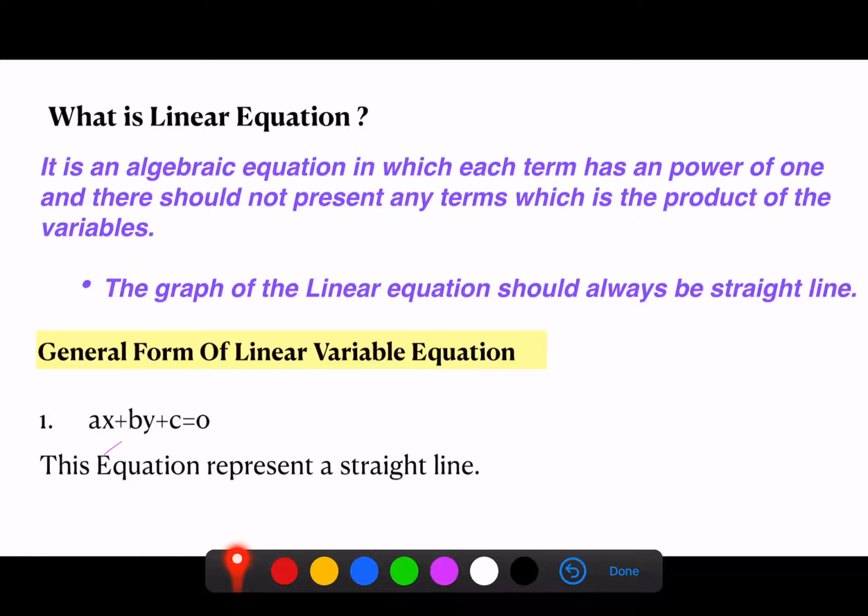Now I am showing you an example, the general form of a two-variable linear equation: ax plus by plus c equals 0. This equation represents a straight line, with two variables x and y, where a, b and c are constants, and a and b are not equal to 0.